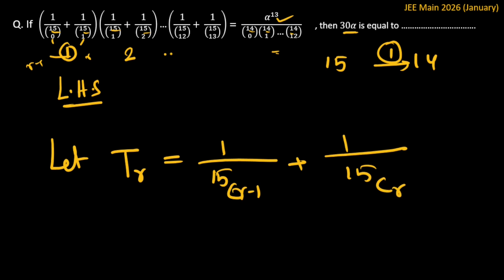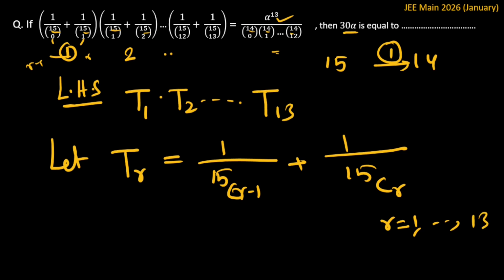Suppose the first term is T1, the second term is T2, up to T13. So we put R equal to 1 up to 13. When R is 1 we get the first term, when R is 2 we get the second term, up to T13, the last term.